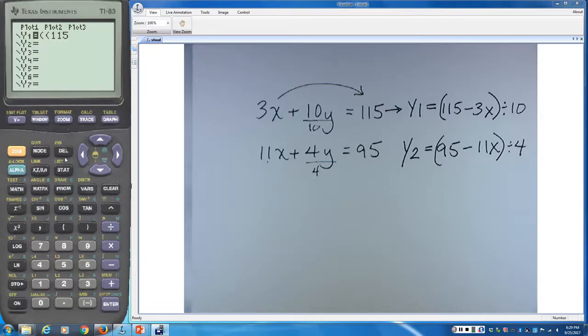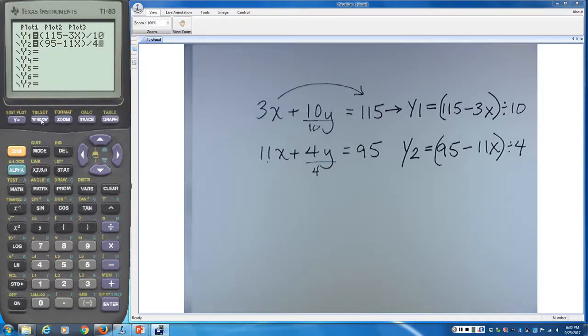It either gives you no parentheses or bunches of them. 115 minus 3x, close the parentheses and divide by the coefficient of y, which is 10. And then for the second equation, I've got the 95 there already. I'm going to subtract the 11x from it, close the parentheses, and then divide that by the coefficient of y, which this time is 4.